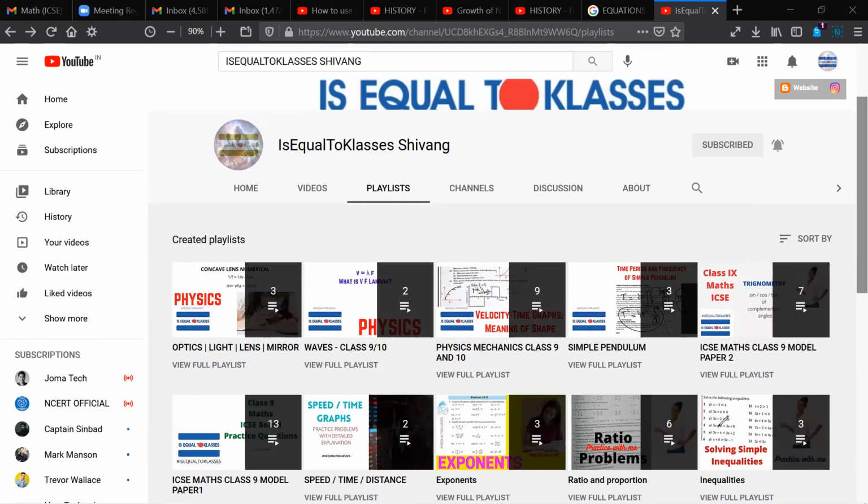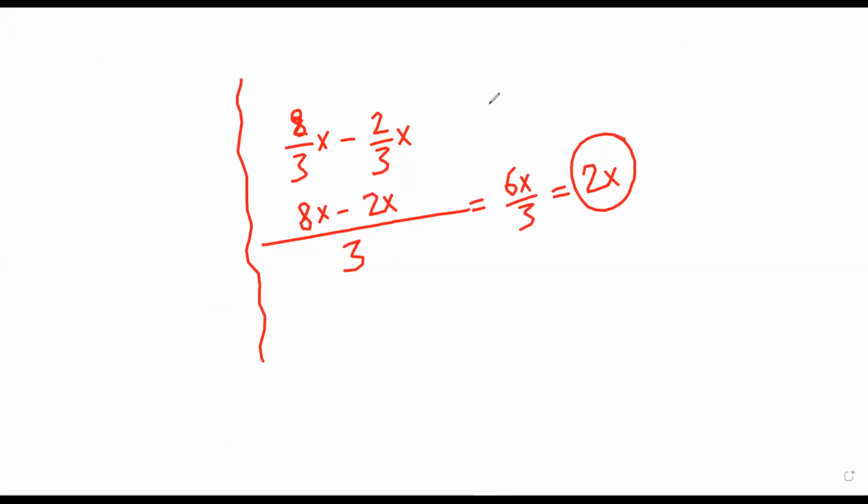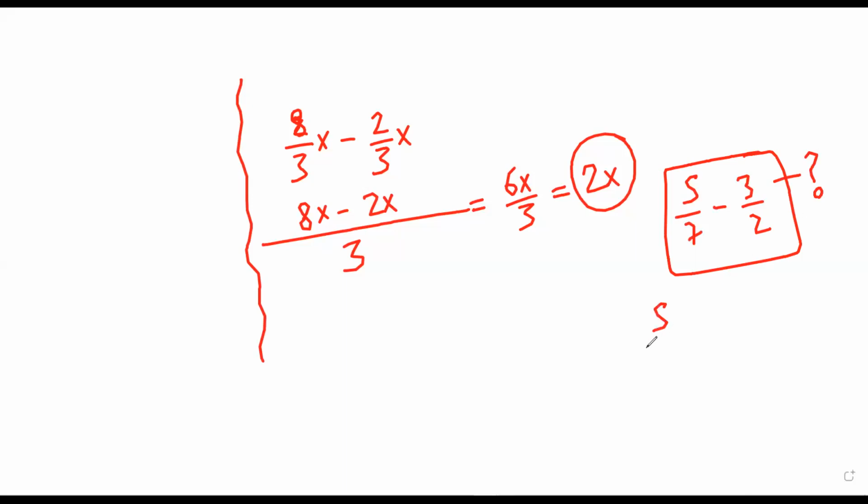Because this will help you revise all the topics that we are doing. So, for example, until you understand how do I subtract 5 by 7 and 3 by 2, see, if I don't know how to solve this, how will I be able to solve this? Have you understood? Yes, sir. What I'll suggest is just go through 2-3 videos.